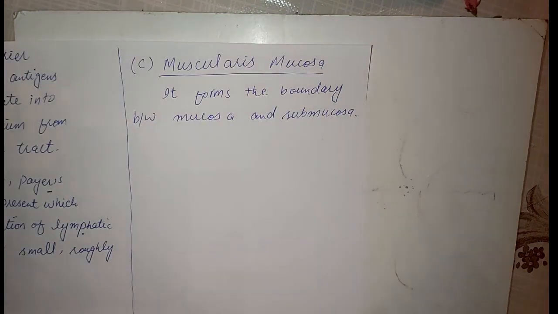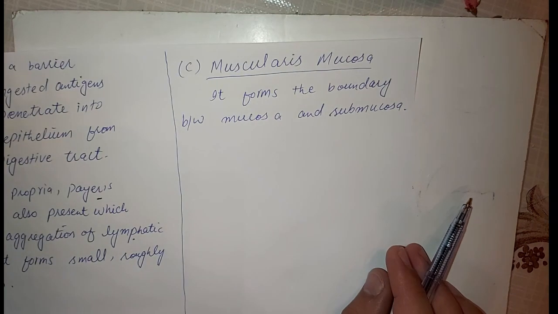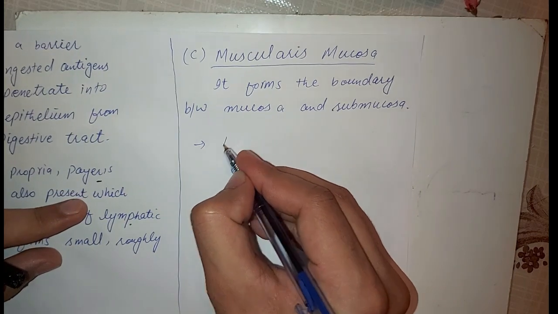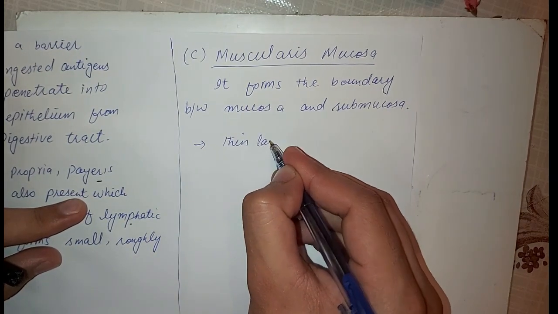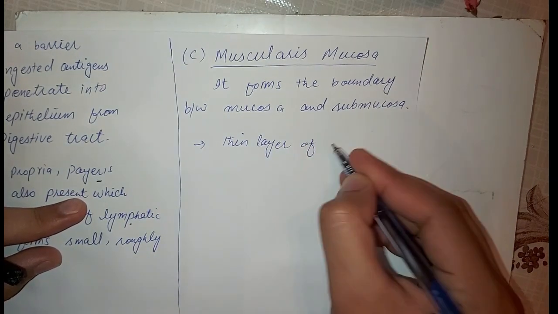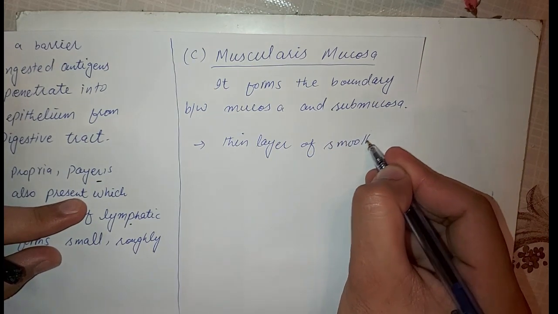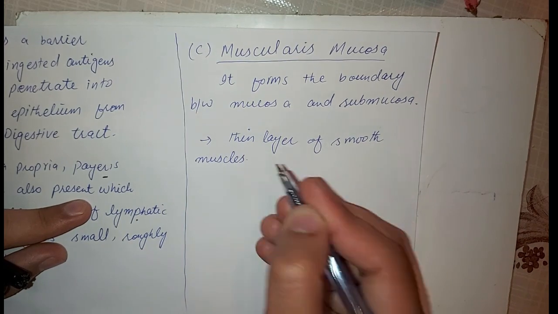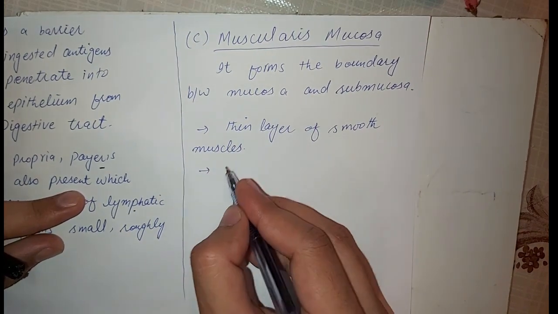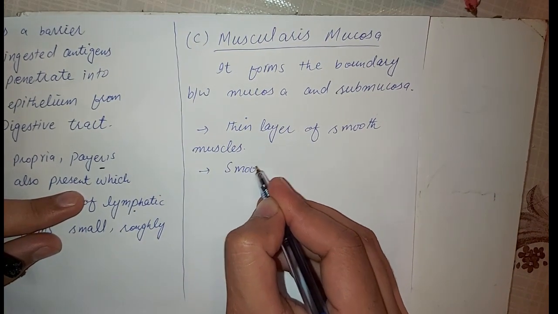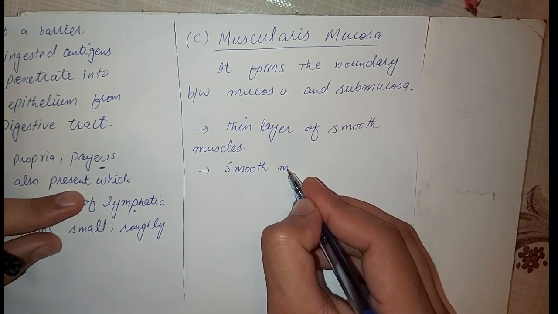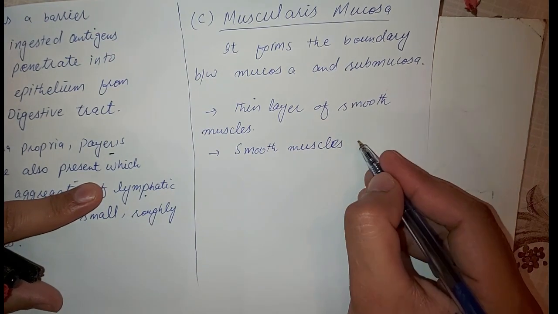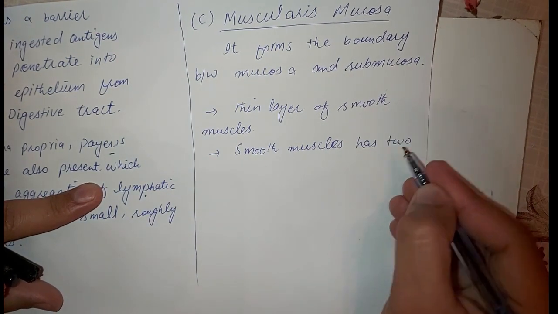Okay, and muscularis mucosa consists of a thin layer of smooth muscles. Here, the smooth muscles have two concentric layers.